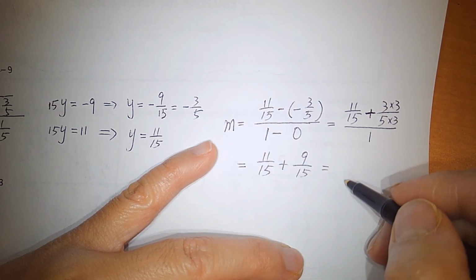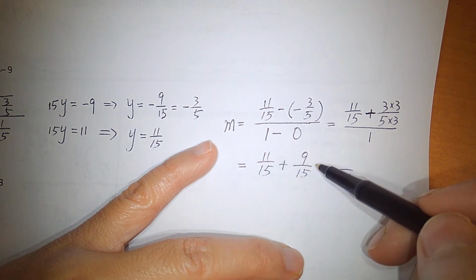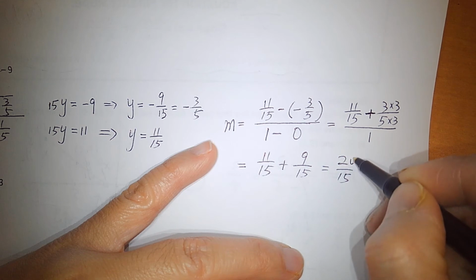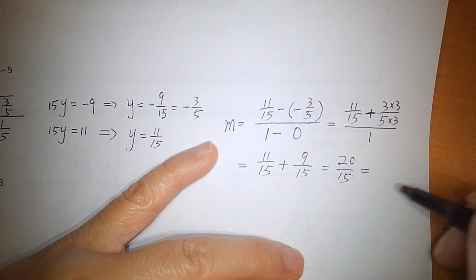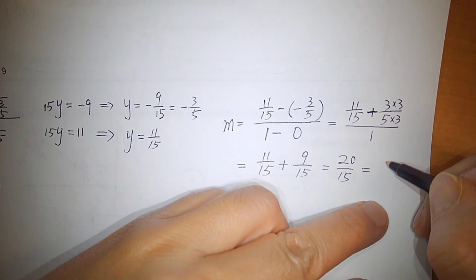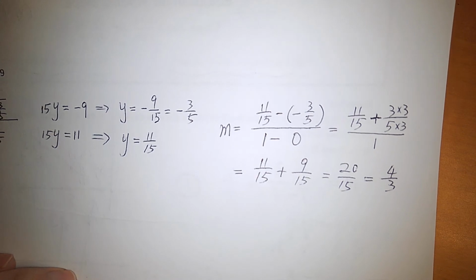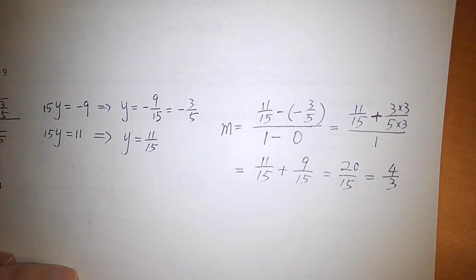Agree with that? Okay, and then add them up with denominator 15. 11 plus 9 is 20. 20 out of 15, simplify, please. 4 out of 3. Yeah, 4/3. Done. It's not asking us to draw the picture, so we don't have to.